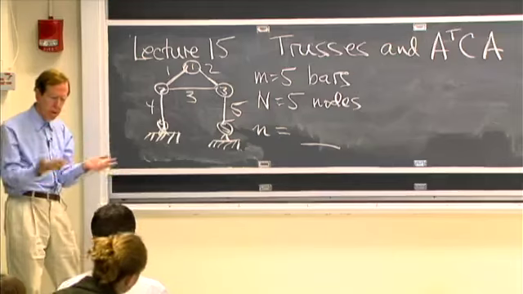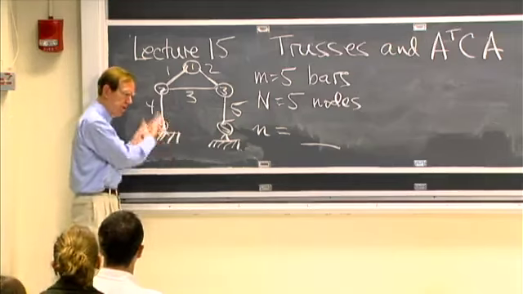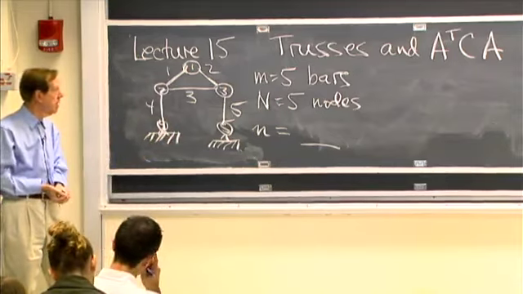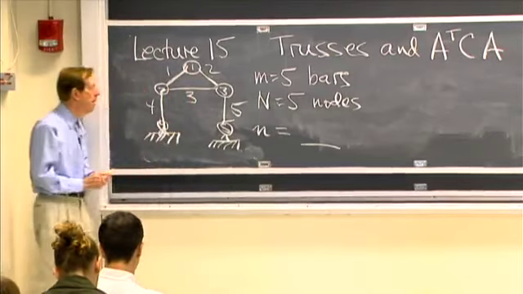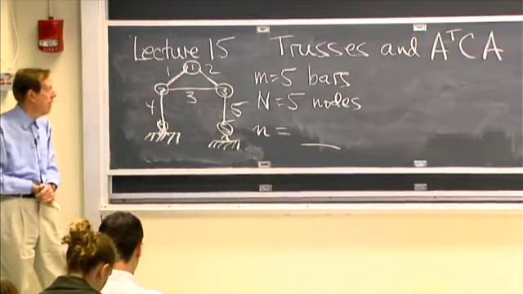So it's a two-dimensional problem with masses and springs. And we could certainly have a 3D truss, but 2D makes all the important points. And then I can count the bars, 1, 2, 3, 4, 5. And I can count the nodes, happen to be 5 here.